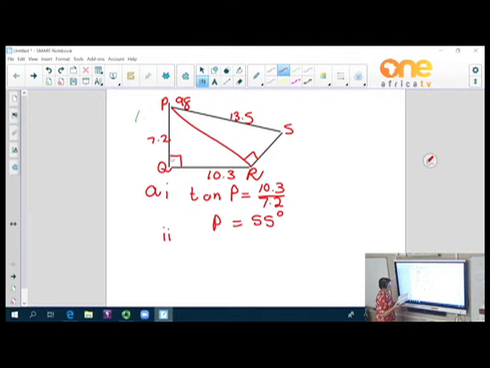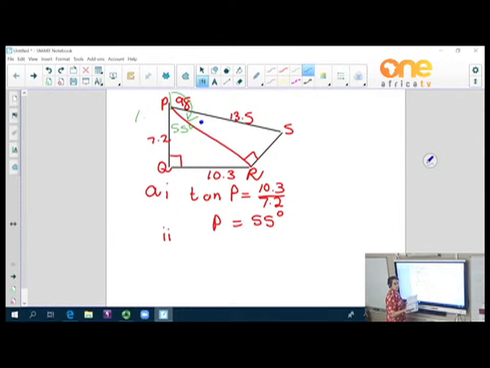Number 2. Write down the bearing of R from P. Now the bearing of R from P is this one, R from P, north clockwise. I know now that this angle is 55 degrees. I know that this is a straight line. So what I need to find is this little angle first, and then I can add it to 98 degrees.